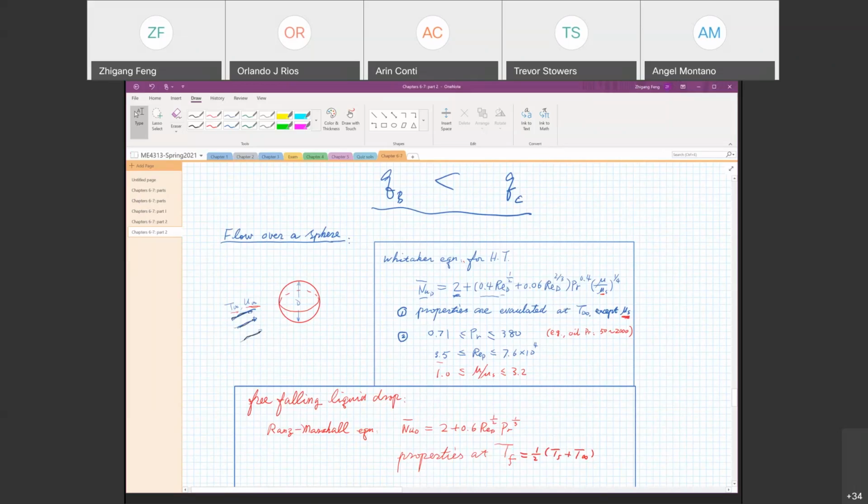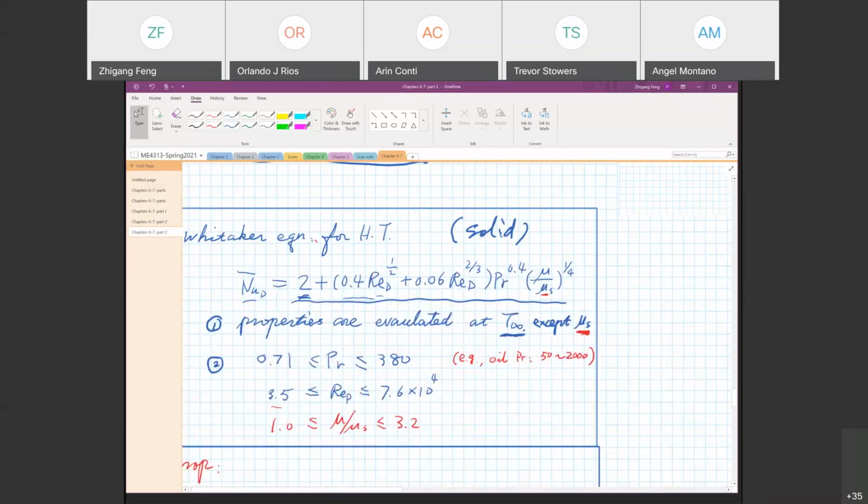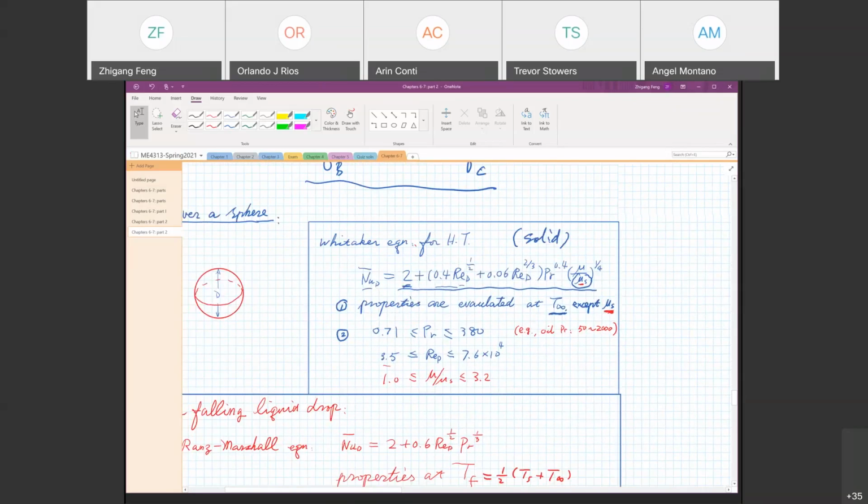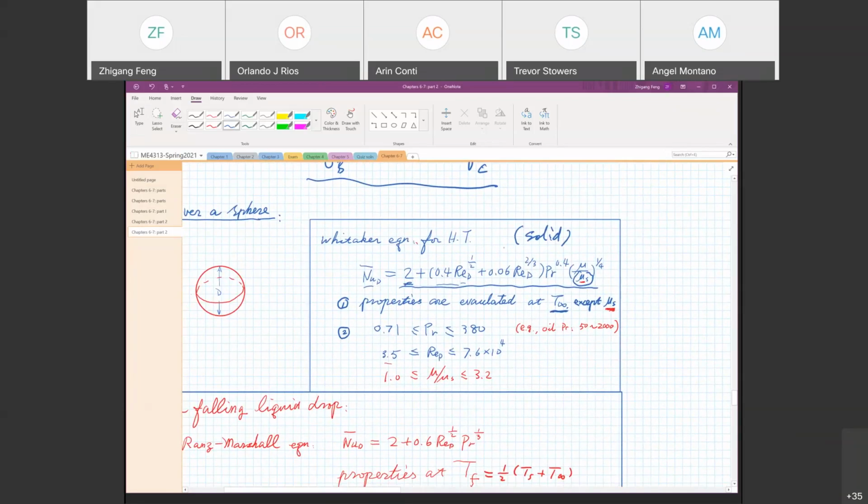If you have a solid sphere, such as a marble, we use the Whitaker correlation. The properties are evaluated at the fluid temperature, T sub infinity, except mu sub s, which is the viscosity evaluated at the surface temperature. So this is for a solid sphere.